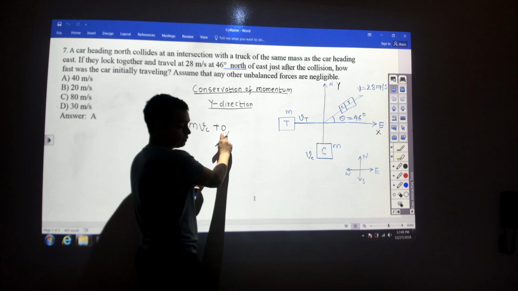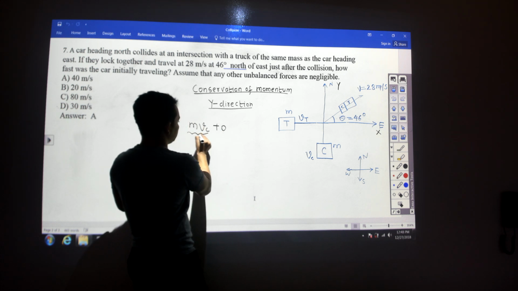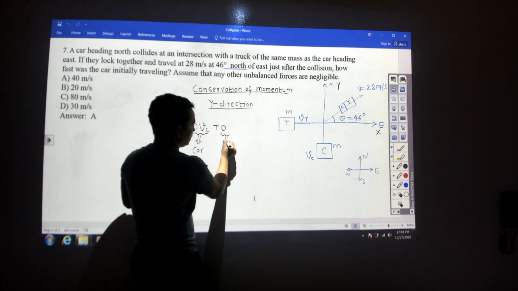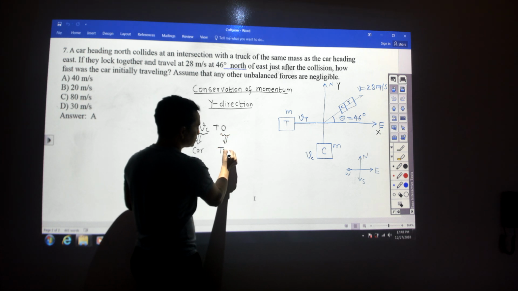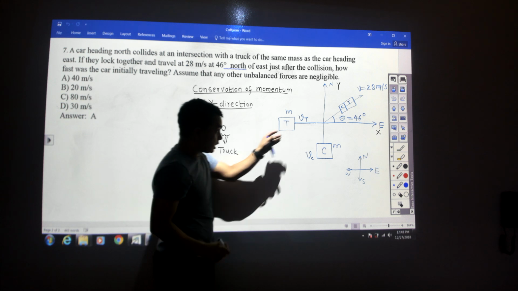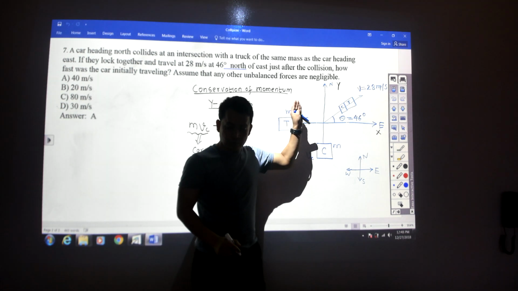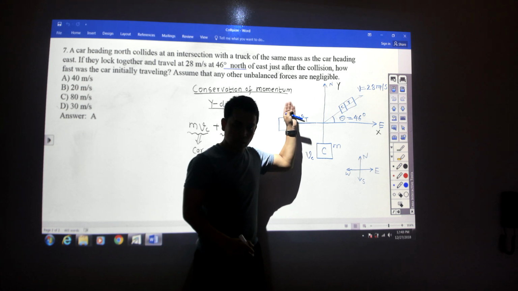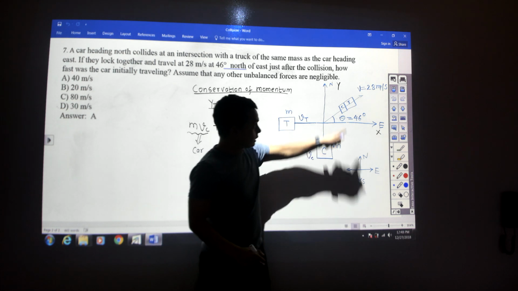This is for the car, and this is for the truck. The truck does not have any velocity component along the y-axis, so its momentum along the y-axis is 0. Now take a look at this one.